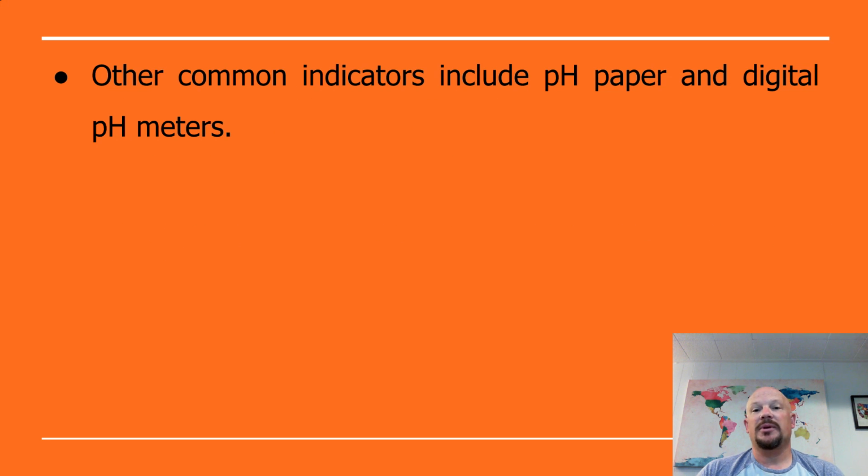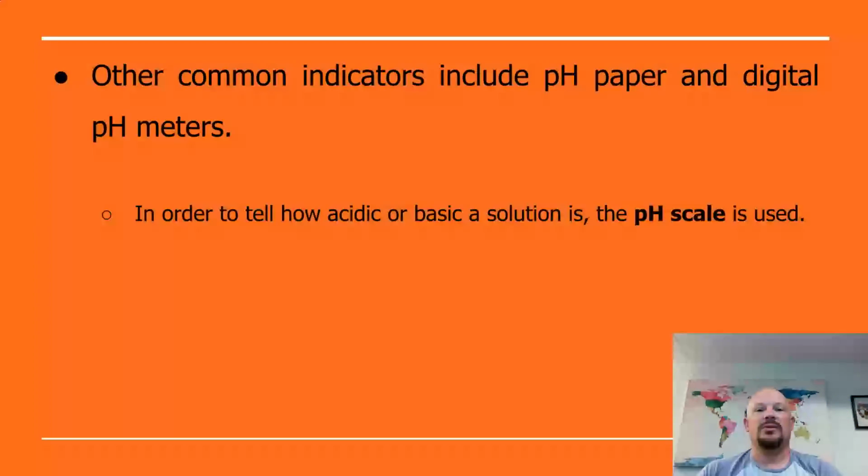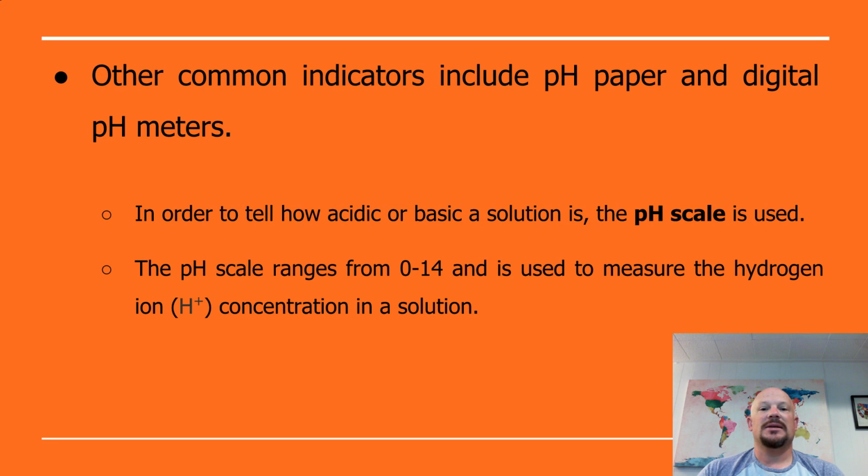pH paper is usually a yellow color, and then when you put it into an acid, it turns red, and when you put it into a base, it turns blue. The pH scale is what's used to measure how acidic or basic a solution is. And so the pH scale ranges from 0 to 14, and it's used to measure the hydrogen ion concentration in a solution.